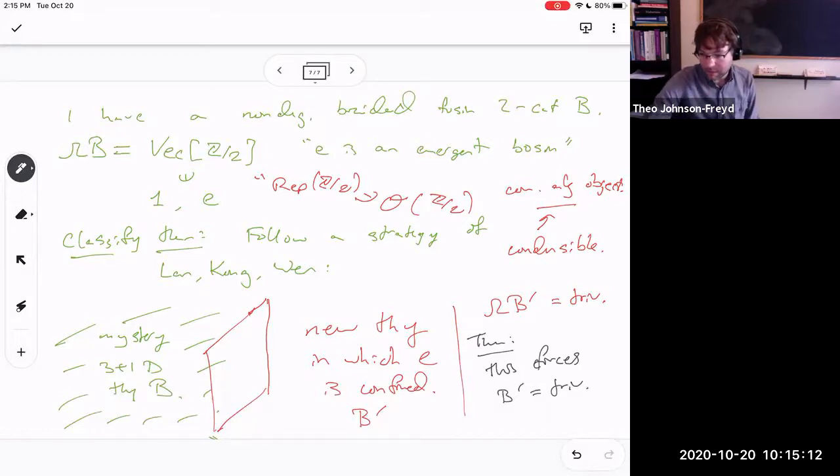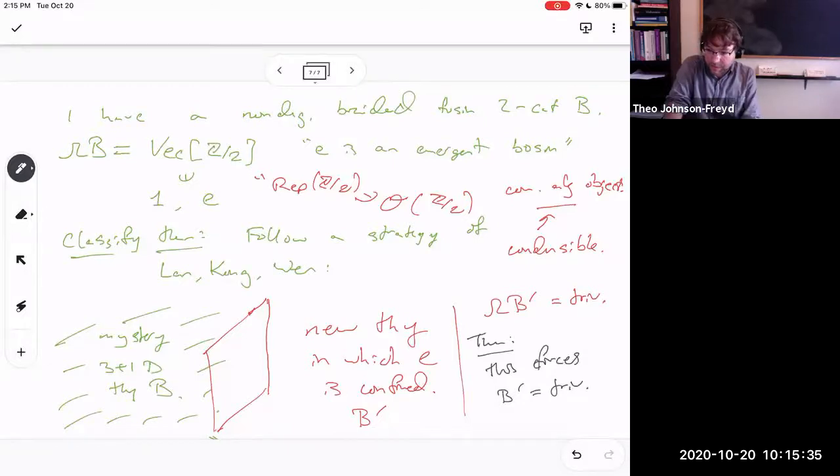And now what you find out is that whatever your mysterious theory B was, you can always find a boundary condition for it.